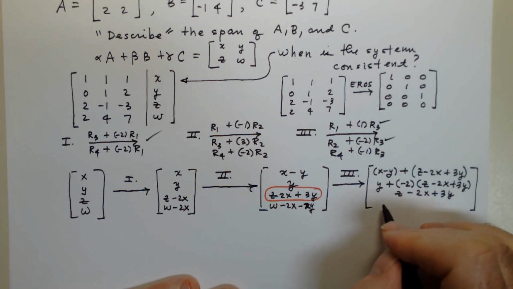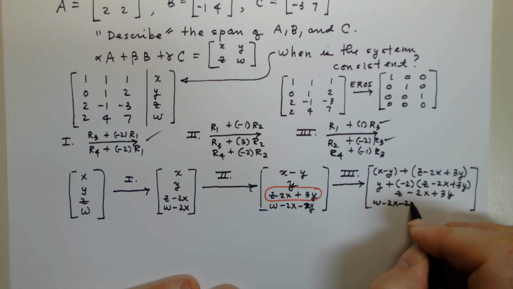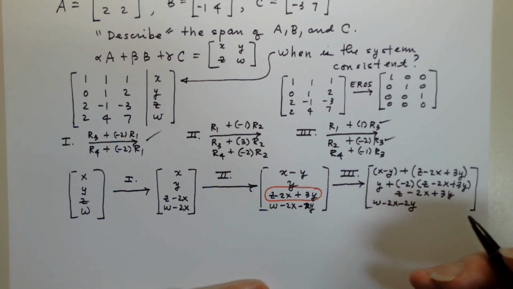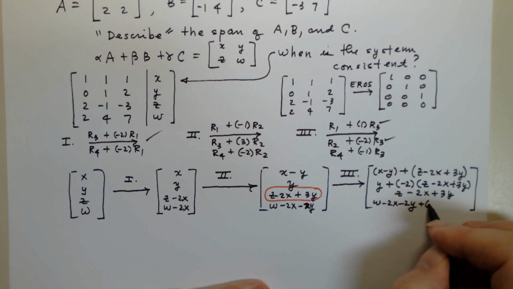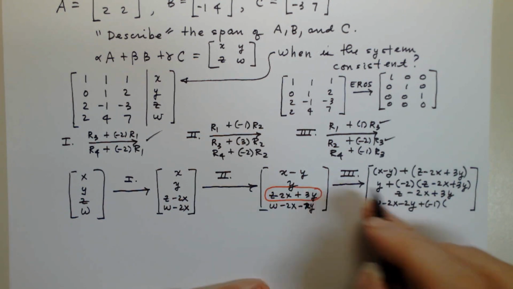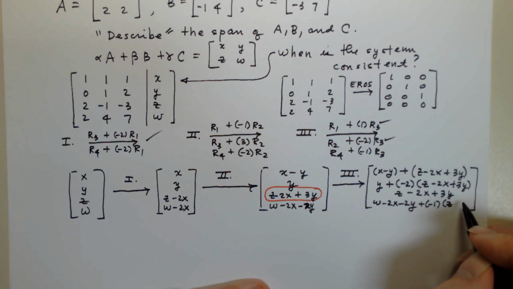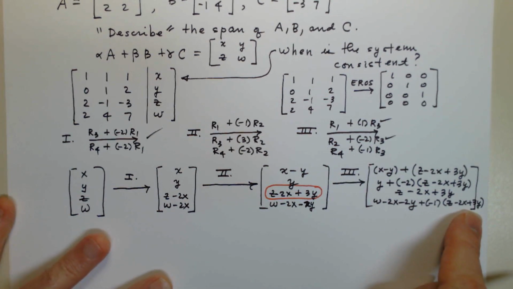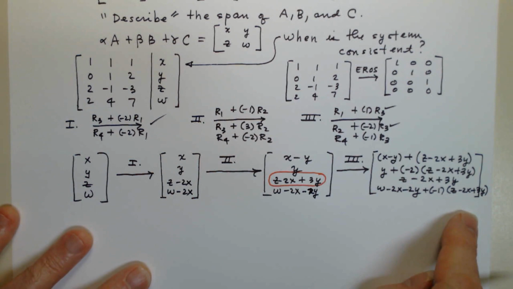So I'll have the existing row 4. Right, that's the original row 4. Now I'm tacking on minus 1 times row 3. All right, and I just broke through the barrier of my vector here, so I didn't give myself enough space.